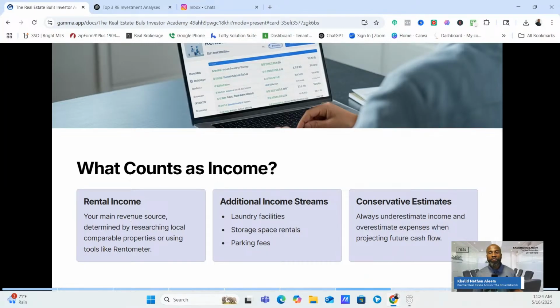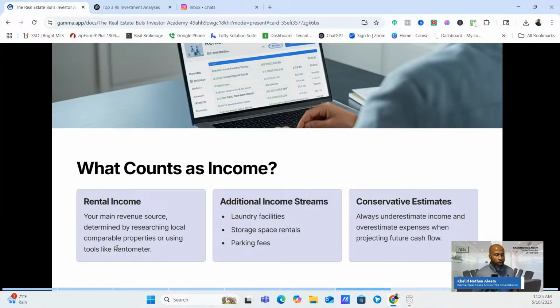Now, where do you find these rental prices? Well, I use Rentometer. Rentometer is an app that you have to pay for, but it takes the data and says, for 123 Main Street, a 2 bedroom, 2 bath would be around $1,000 a month.